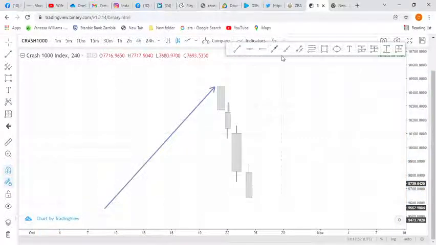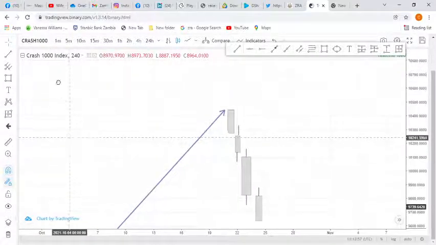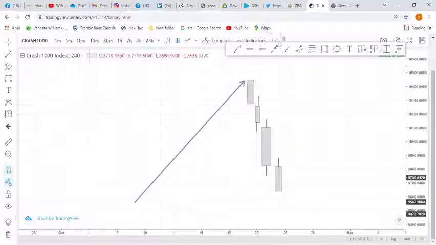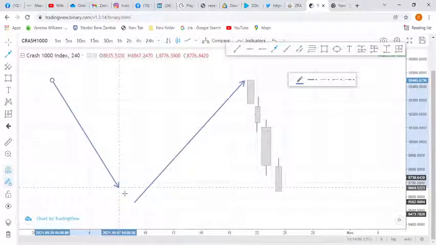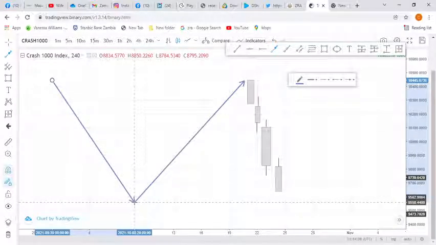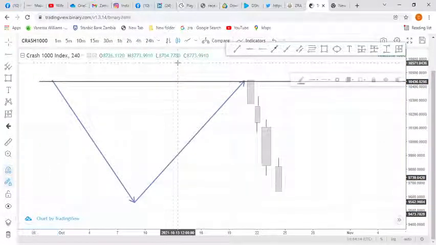Let me use this color. Let me use this arrow. The market came from here, Mr. Chomba, like that, and touched there, and there we have an imbalance somewhere there.